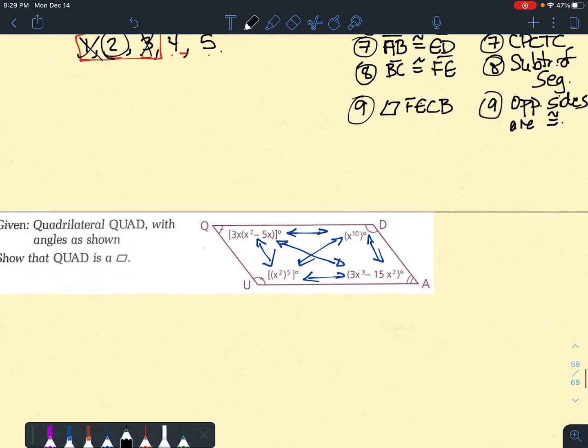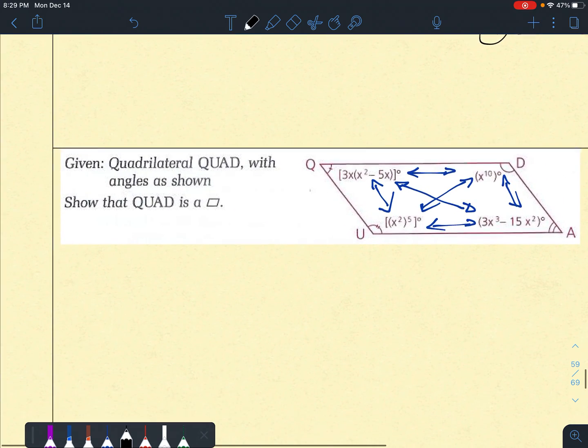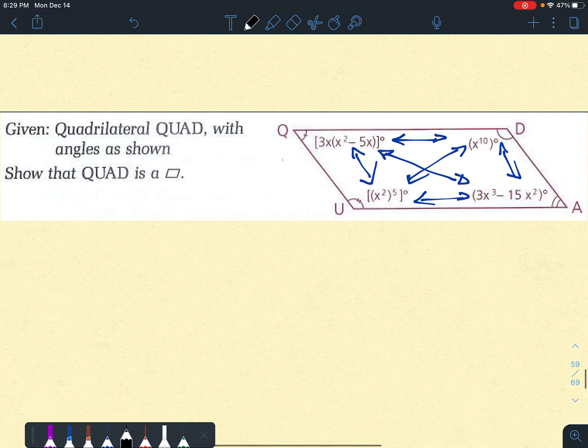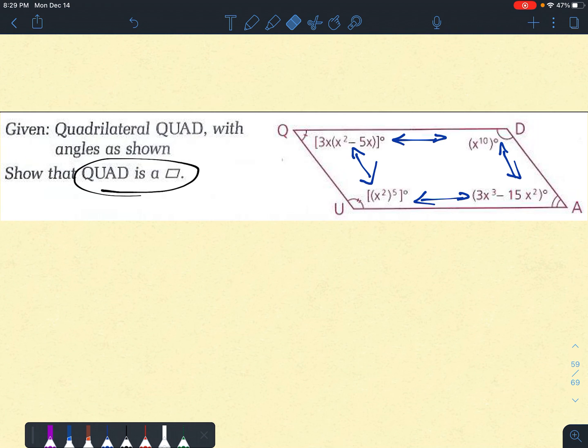Finally, there are problems that show up in the section. So here we want to show that something, again, is a parallelogram. So clearly they're talking about angles. Now the things that we know about angles in a parallelogram is that consecutive ones are supplementary.